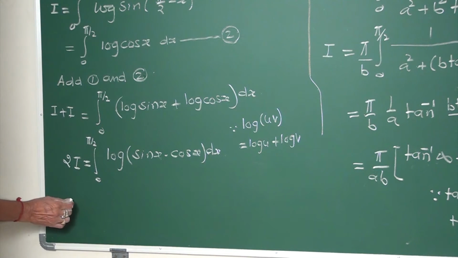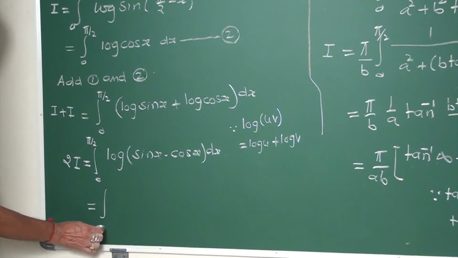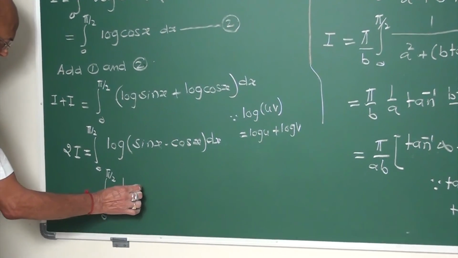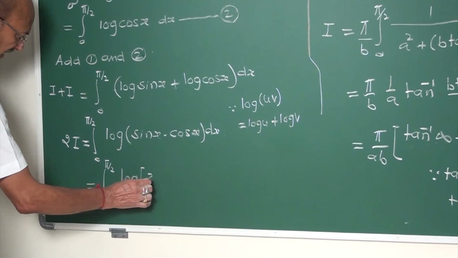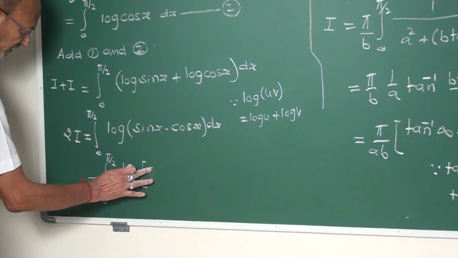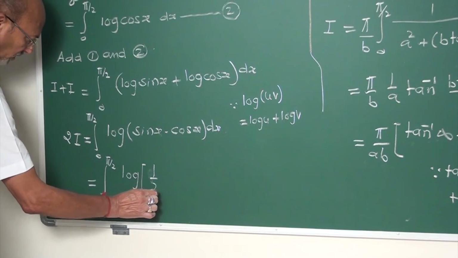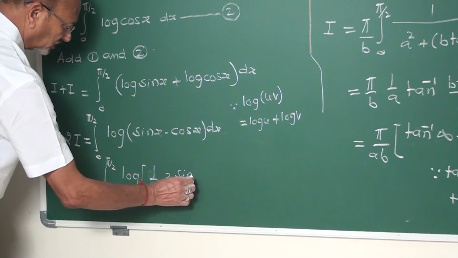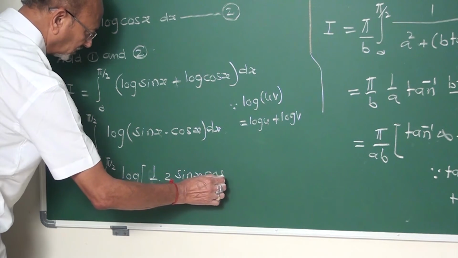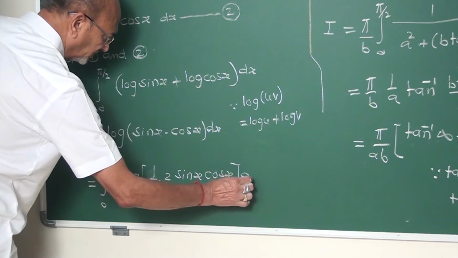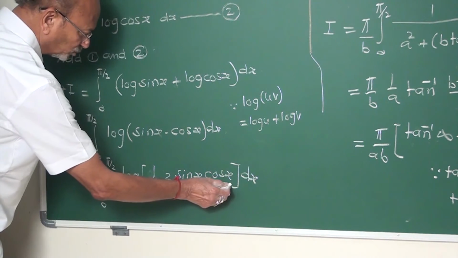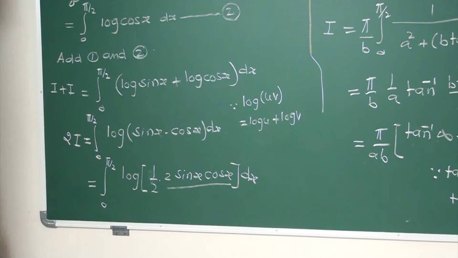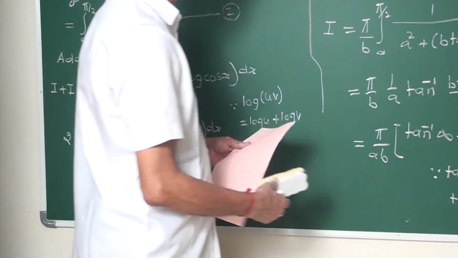You want here this equal to integral 0 to pi by 2 log, divide and multiply by 2, 1 by 2 into 2 sin x cos x dx. But what is 2 sin x into cos x? 2 sin x cos x is sin 2x.